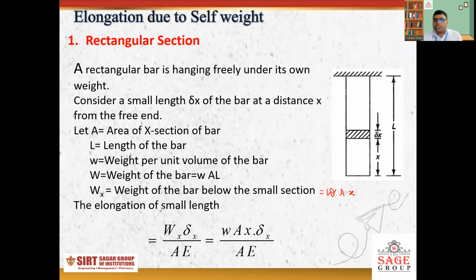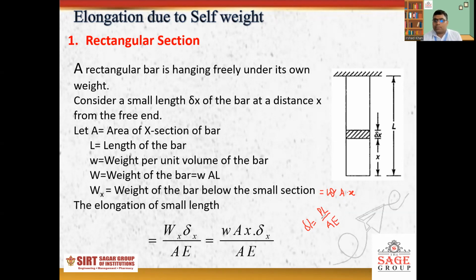Let's write the elongation of the small length, using the relation we have already discussed: the elongation in a bar under external load is P L upon A E, where P is the external load, L is the length of the bar, A is the cross section, and E is the Young's modulus of the material. We use an analogy with this.